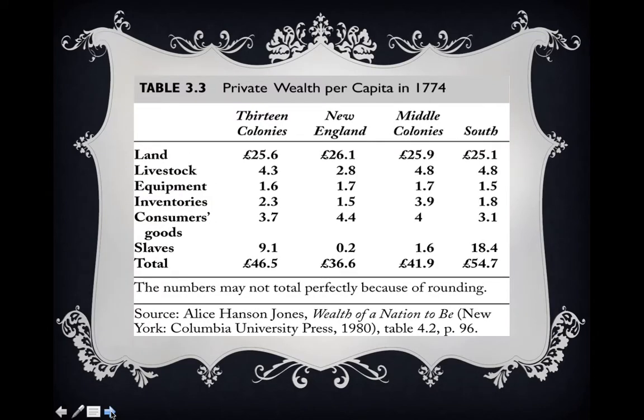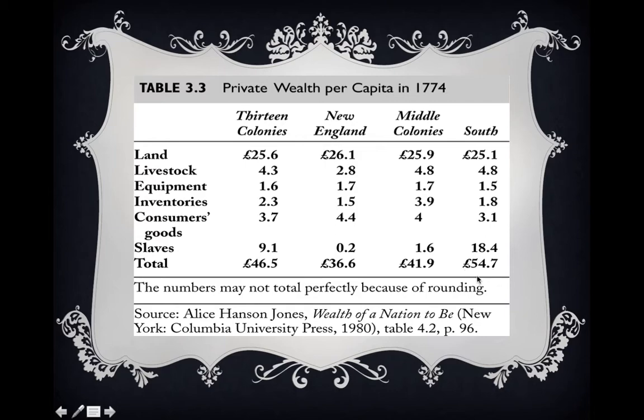Now we're going to take a little bit of a look here again at per capita wealth, and in particular, not just the per capita wealth, but the distribution, the composition of that wealth. So if we take a look again, we can see that the South is the wealthiest part of the colonies in 1774.